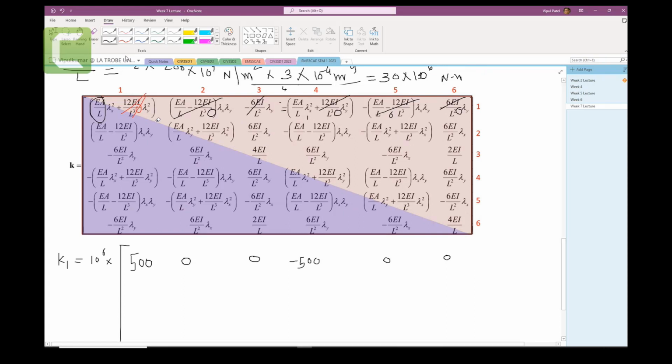Second one, this whole thing is 0. These things are 0, but you have 12 EI on L cubed and lambda x square is 1 square.